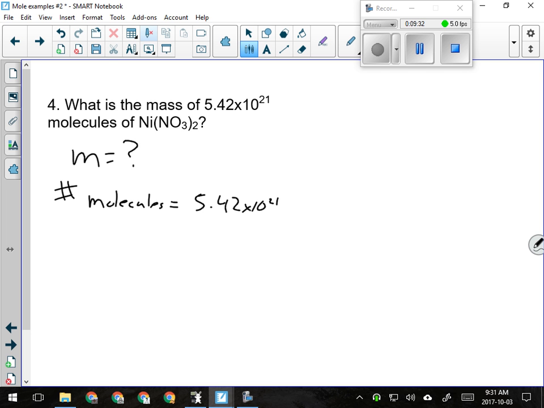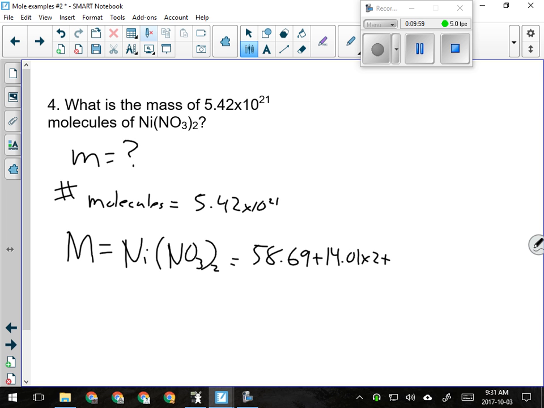The other thing we know is we can calculate big M because we are dealing with nickel(II) nitrate. The molar mass of nickel is 58.69, and there's only 1 nickel here. How many nitrogens are there? 2.